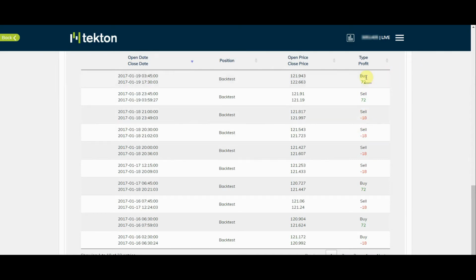So that's 4, 8, 12, 16. Take off your 1, 2, 3, 4, 5, 6. You're left with, if you were risking 1% on this particular strategy, you'd be 10% up in those particular trades just in that period there.